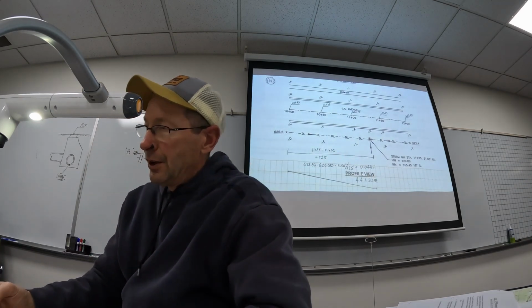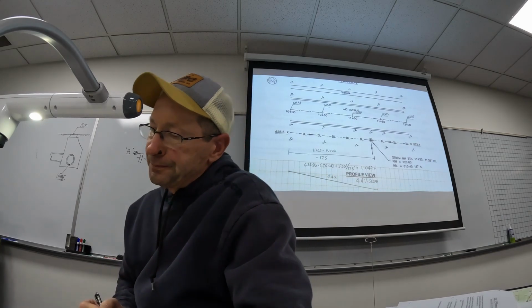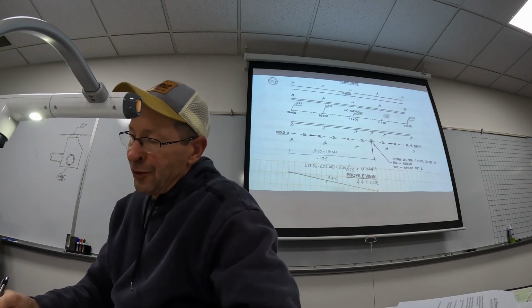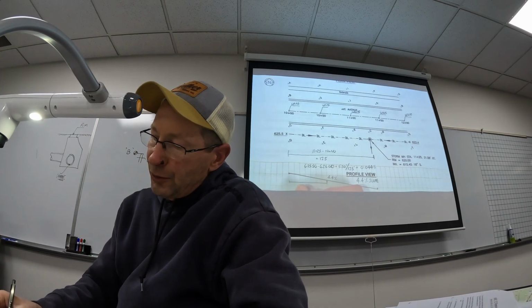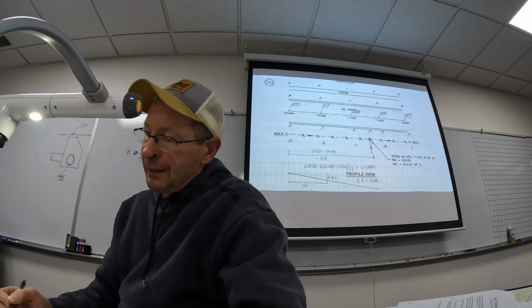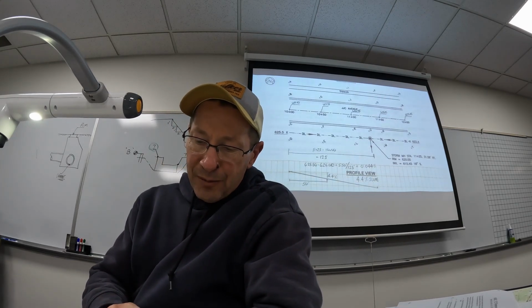Just make a profile here. So we know this is at 4.4%. So what happens in 50 feet? Let's just do what we did with the roadway profile. So 50 feet, how far does it drop? What do we do? Take 50 feet times 4.4%, 0.044.